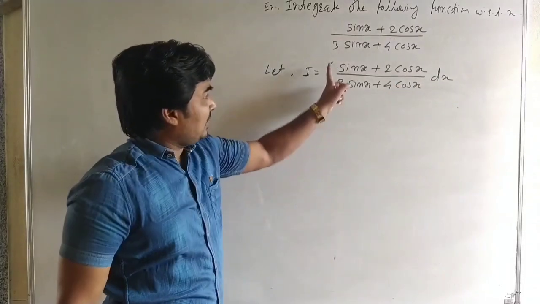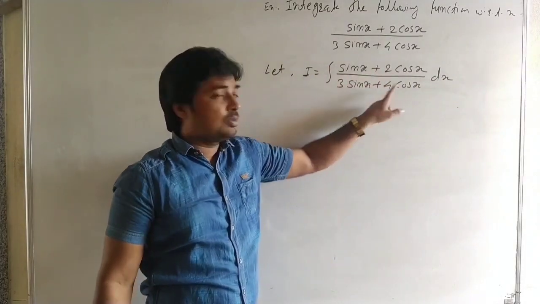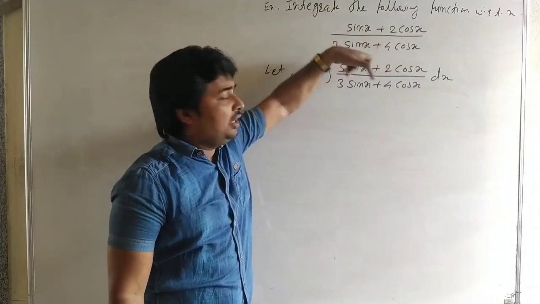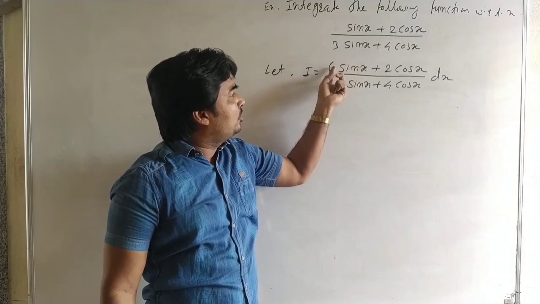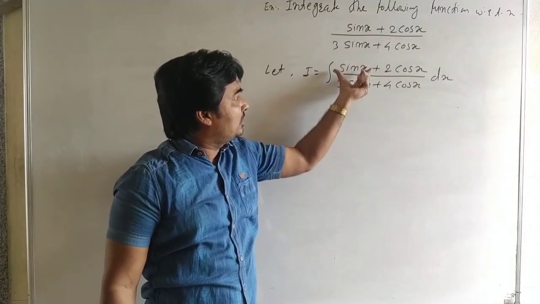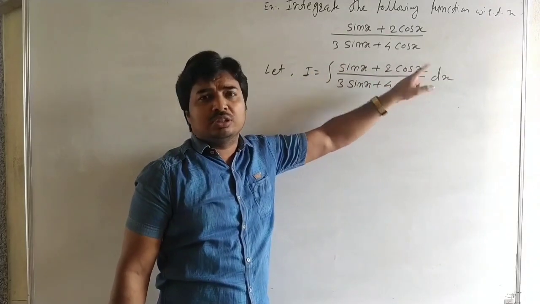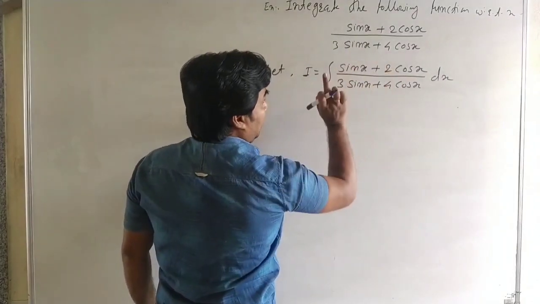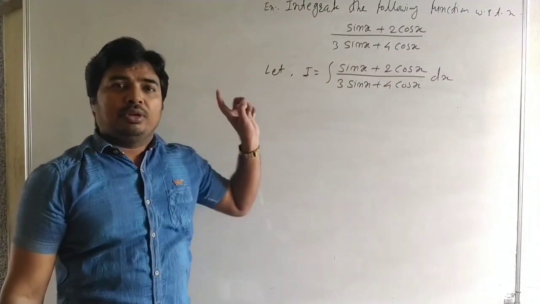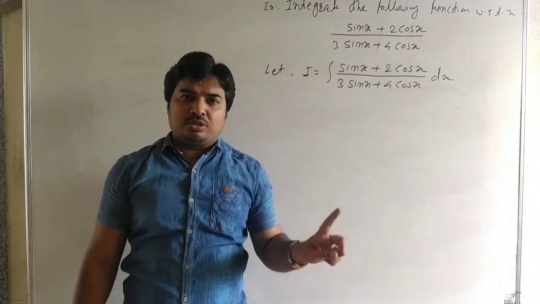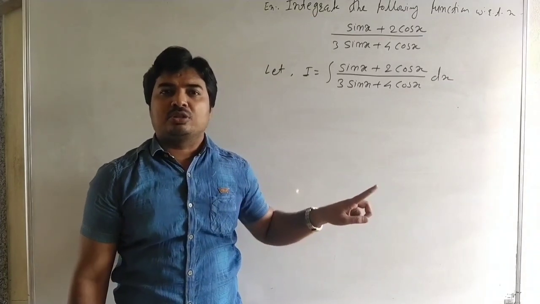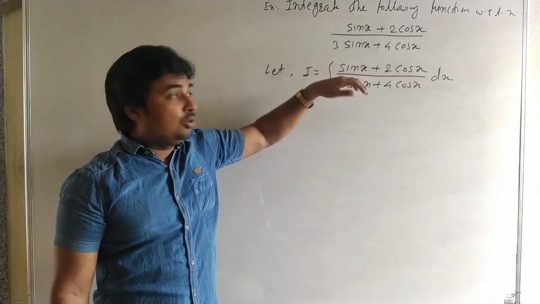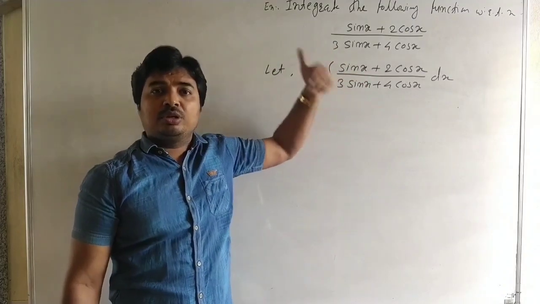Here the value of a is 1, b is 2, c is 3 and d is 4. If any one value is 0, for example if a is 0, then the sine term is absent and it is only 2 cos x. First we see this example. For this type, the solution is to adjust the denominator and derivative of denominator in the numerator.